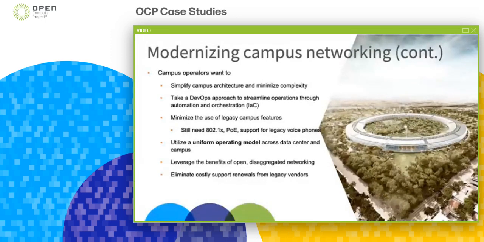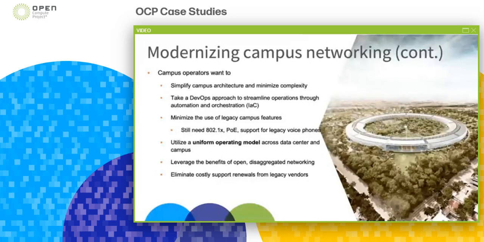Now, a lot of them are also aggressively driving the adoption of automation and orchestration to deal with the inherent complexity of managing a large number of distributed campuses or even a single campus which has disparate requirements because of different departments, for example, in a setting like a large university.